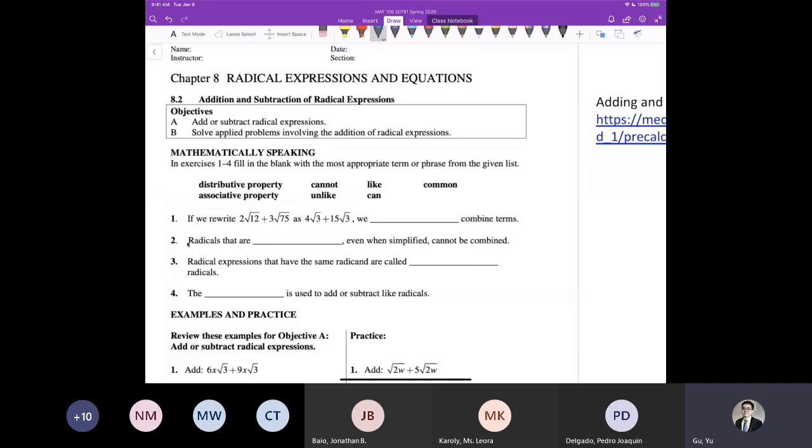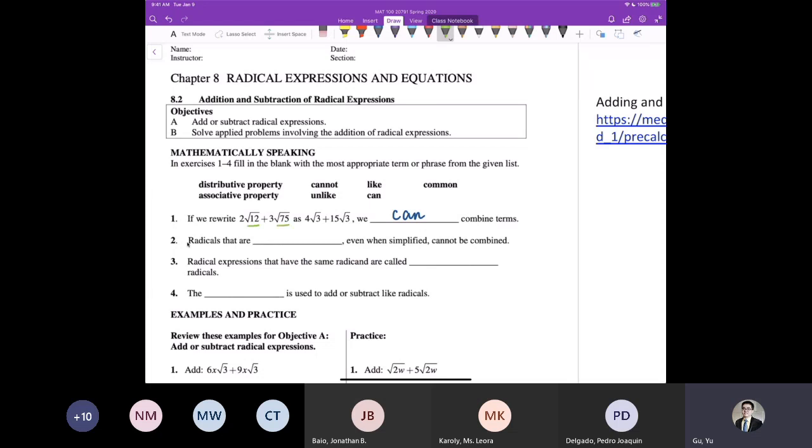For example, number 1, if we rewrite 2 radical 12 plus 3 radical 75 as 4 radical 3 plus 15 radical 3, then we can combine terms. Originally, it doesn't look like you can combine them because we have different radical parts. You have radical 12, you have radical 75.